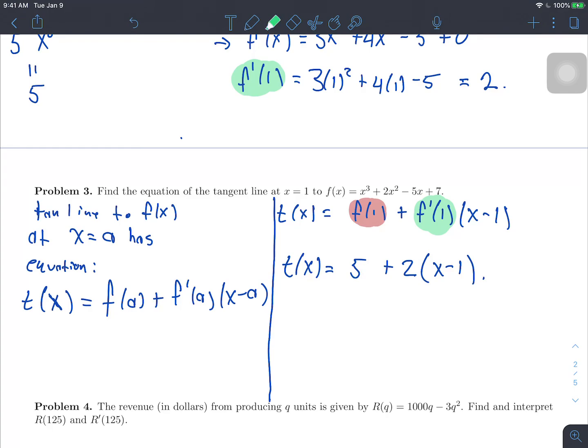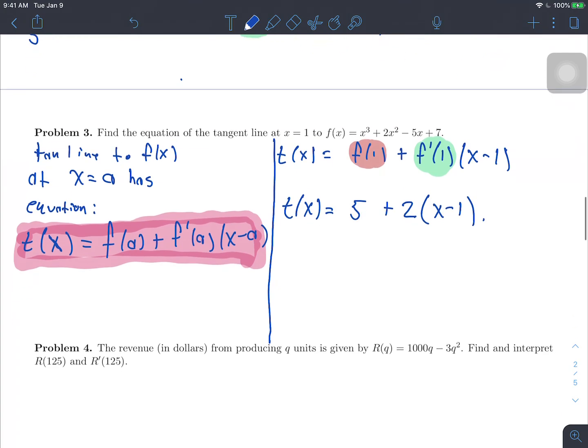I highly recommend committing this formula to memory, okay? Knowing how to find the equation of the tangent line is important. Tons of exam problems and homework problems ask for finding the equation or use it to approximate the function at some point, something like that.